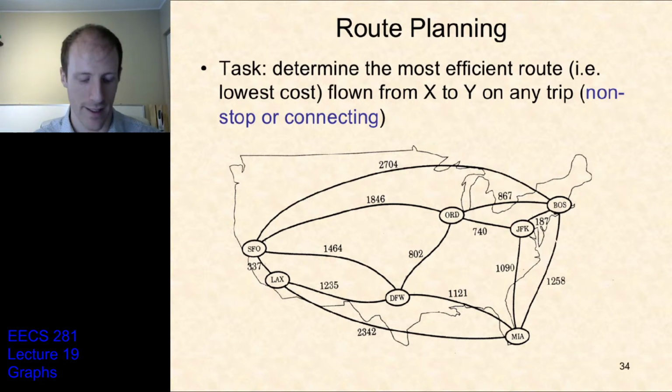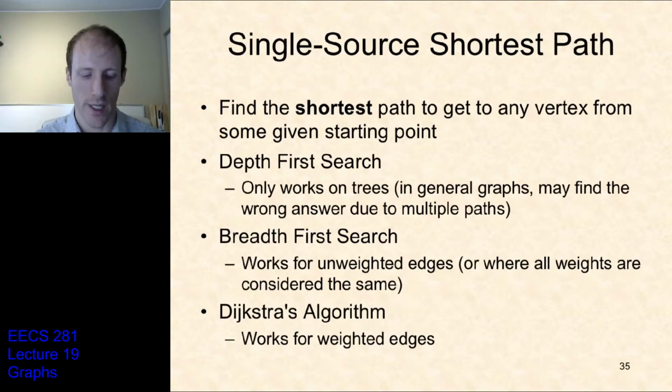I mean, visually we can see which is the best path, but how do you answer this question when it's not printed out on an image in front of you and it is instead represented as an adjacency matrix or adjacency list? So for this problem, we want to find the shortest path to get to any vertex from some given starting point.